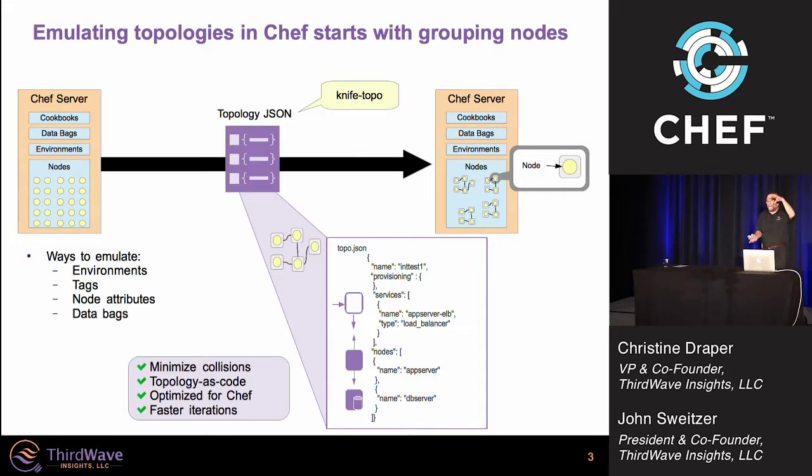Because that's a file, it can have source control. You can control the way the topology was at a particular point in time and keep track of it as it changes. We're also optimizing for Chef. We could look at other formats like Tosca, but we're focusing on Chef, and it also allows us to iterate faster as we work through these things.